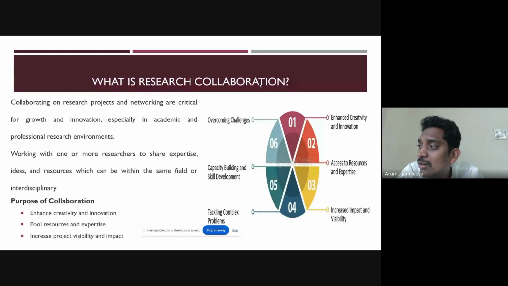Many of the problems nowadays are not getting resolved if you are isolated, if you are not dealing with the outside world. If you are working only with your own network or your own group, you may get only identical research problems and conclusions. But if you want diversified solutions for various problem statements, we are in a position to do collaboration.